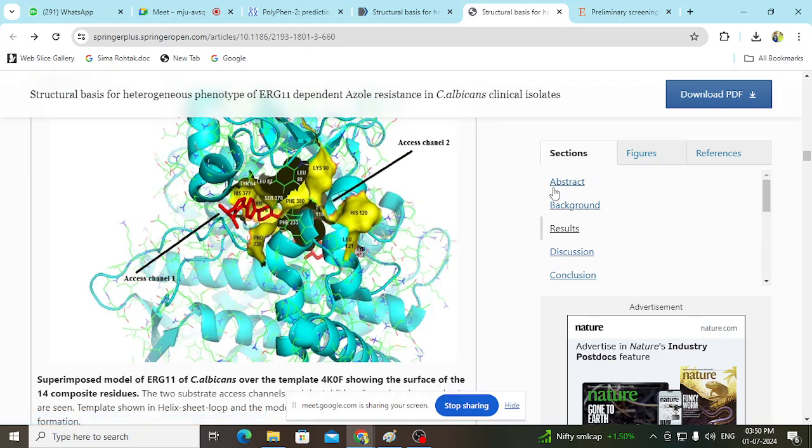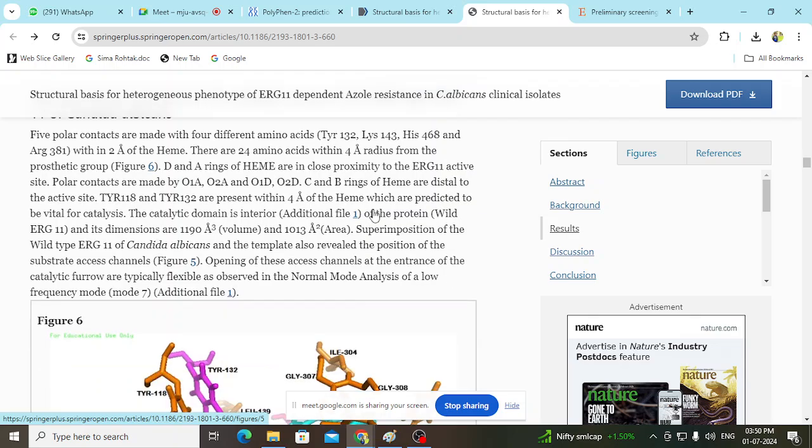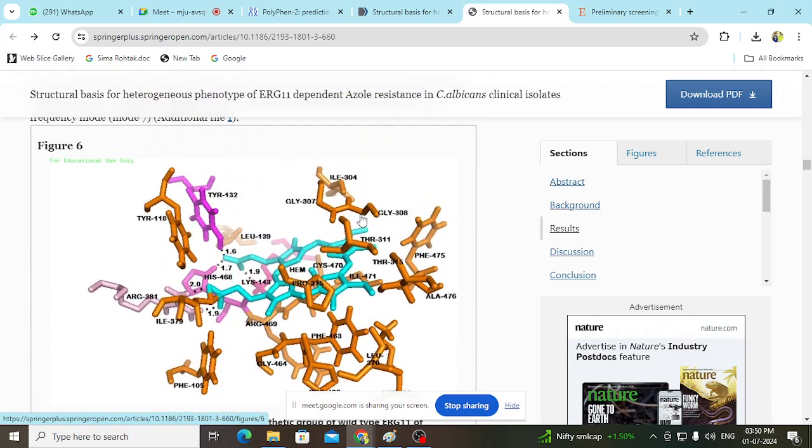And therefore the fungus is not killed, because the enzyme does not get inhibited. Previously the channel was very small, but due to the mutation, the channel has become very wide, and therefore the drug enters through access channel 1 and comes out by access channel 2. So beautifully explained. Okay, understood.